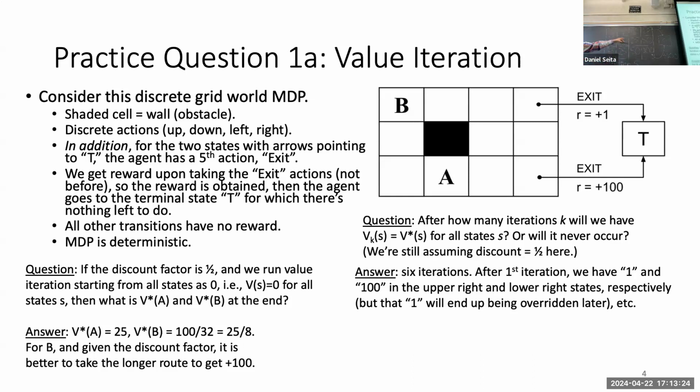Because this is 1 over 16, and we already said it should be 25 over 8. So after 6, all of these are the same except this is 25/8, which is what the optimal value of B is. So after the 6th iteration, we arrive at the final value.